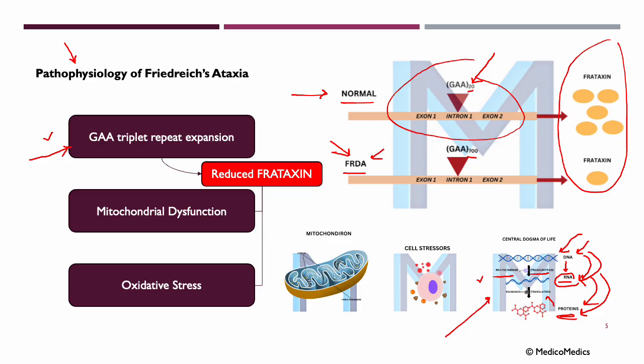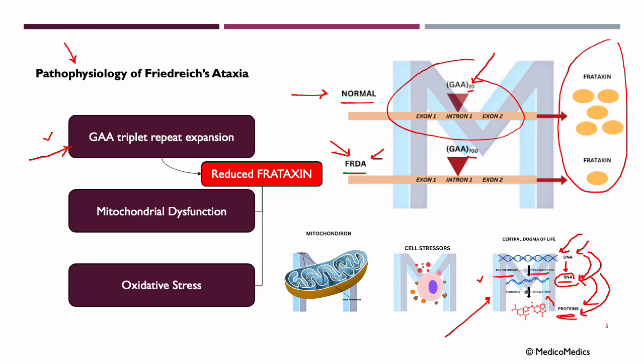Furthermore, since iron-sulfur cluster formation is impaired, iron isn't properly utilized, which leads to a toxic buildup of iron in the mitochondria. This toxicity, i.e., the overload of iron, binds with oxygen to form something called reactive oxygen species, or ROS. They are also known as free radicals.